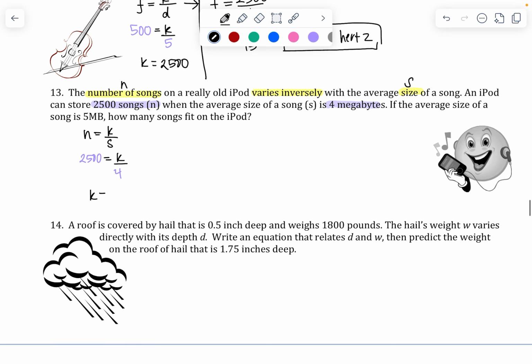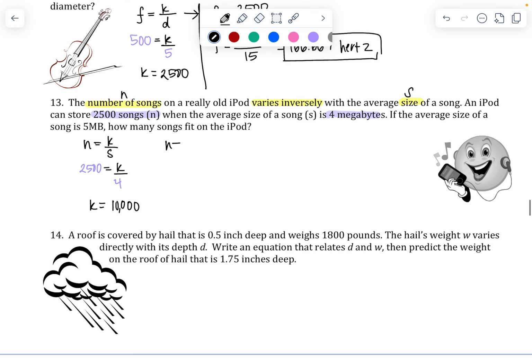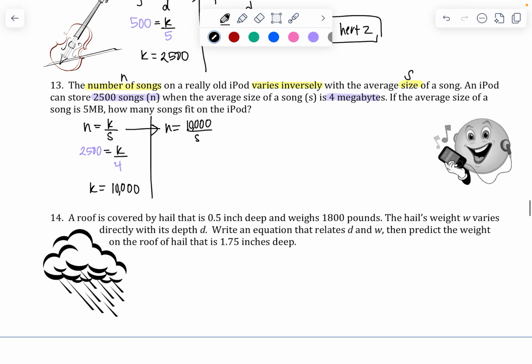Multiply both sides by 4. We get 100 with 2 zeros, so 10,000 for K. And so N equals 10,000 divided by S. Okay, if the average size of a song is 5 megabytes, how many songs fit on the iPod?